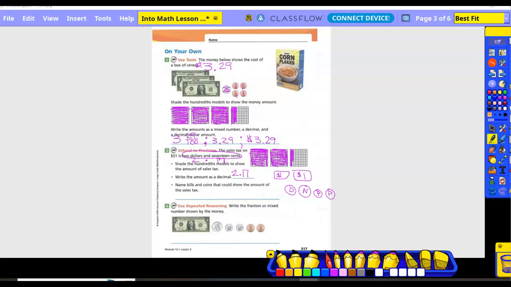Or if I would write that over here, 2 $1 bills, 1 dime, 1 nickel, and 2 pennies.